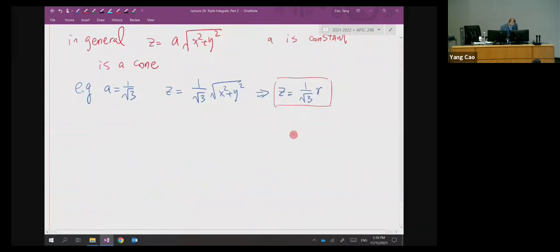Here's z, here's r, and here's the phi angle. Let's look at the relationship. Right now, z and r are related by this expression, and here's phi. So technically, tangent of phi equals r over z, and you already have the ratio r over z here. What is the ratio between r over z?